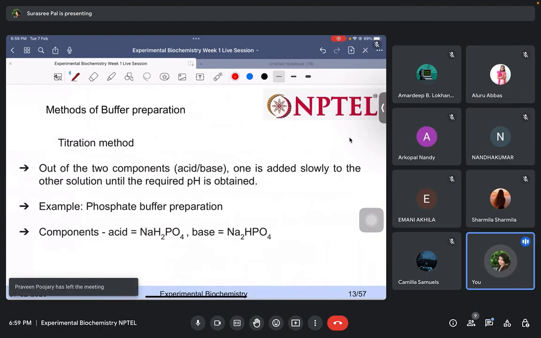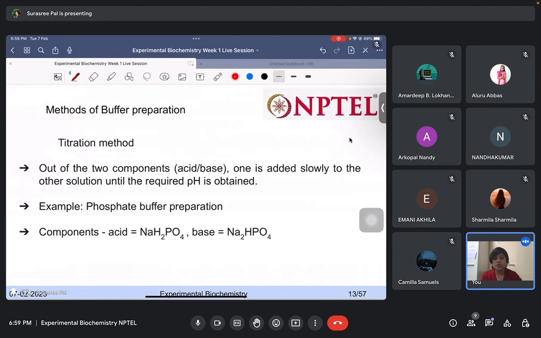Now there can be several ways by which we can prepare a buffer. So first thing is titration method. Suppose we are taking two components, one is acid, one is base, and one component is added slowly in the other solution until the required pH is obtained.